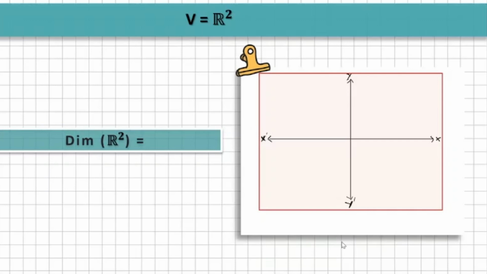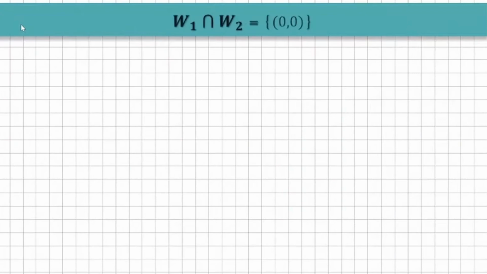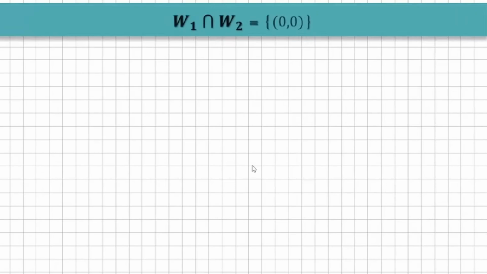Can anyone give the basis for the x-axis W1? (1,0). The dimension of the y-axis W2 is 1. Yes. What is W1 intersection W2? Origin, the zero vector. Yeah, it's the zero vector.